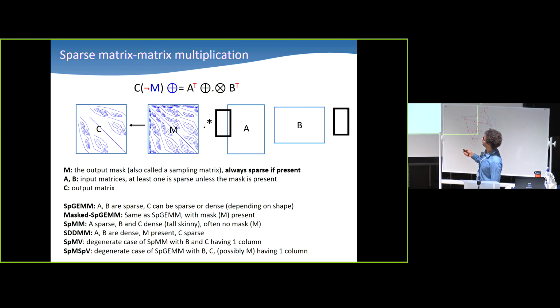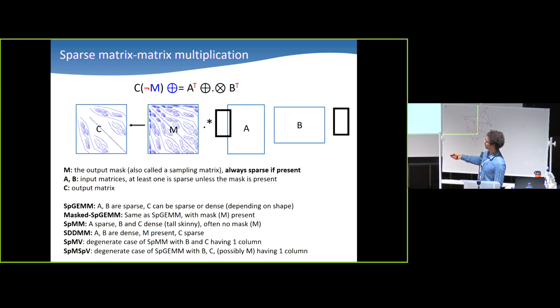The inputs might be sparse, both. One of them might be sparse, one of them might be dense. Both of them might be dense. It only makes sense if there is a mask, of course. Otherwise, it will be just typical DGEMM. So you create a lot of these variants, which are sparse matrix matrix multiply, SpGEMM, when A and B are both sparse. Masked SpGEMM, same as before, except there is also a sparse mask.